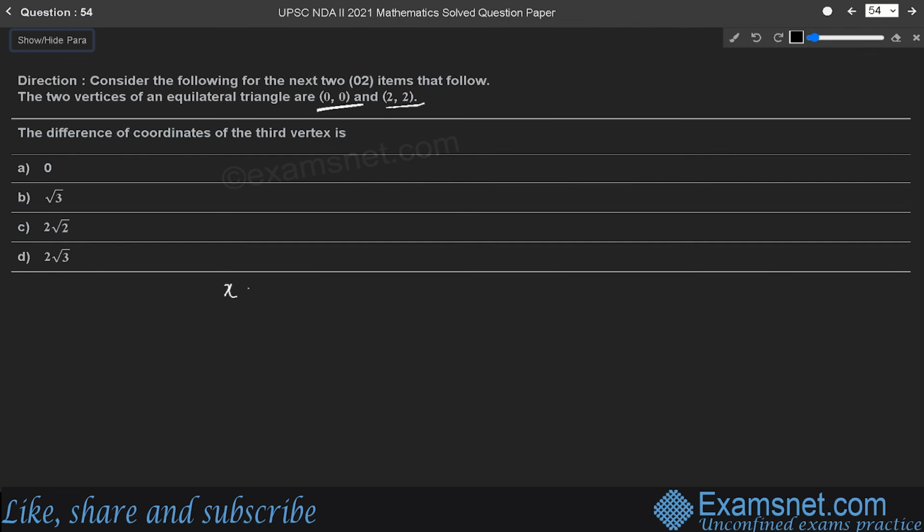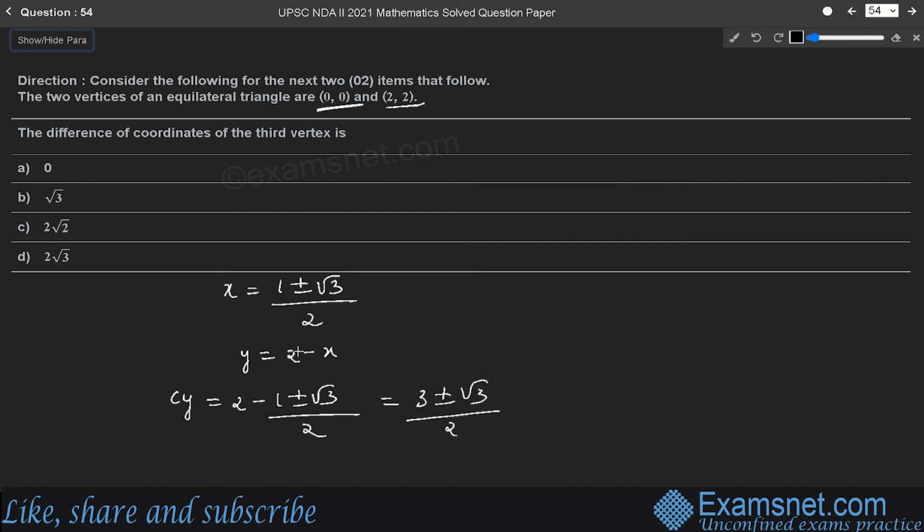So we know that we have found x is equal to (1 plus minus root 3) by 2 from the previous question, and y is equal to 2 minus x. So y will be equal to 2 minus (1 plus minus root 3 upon 2), which will be equal to (3 plus minus root 3) upon 2. So this is the value of y.